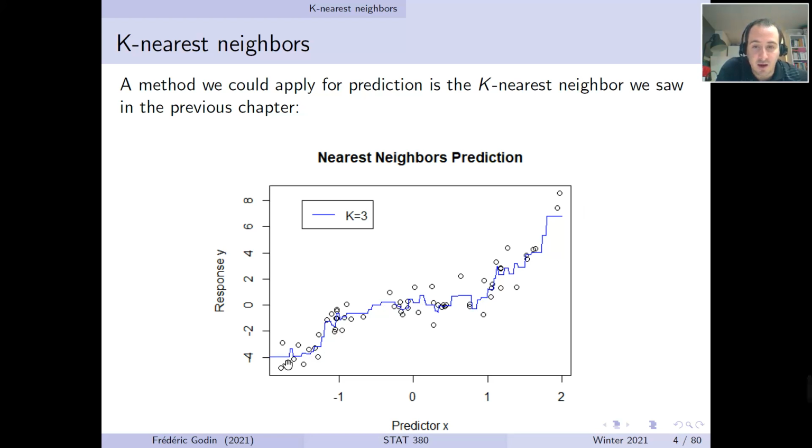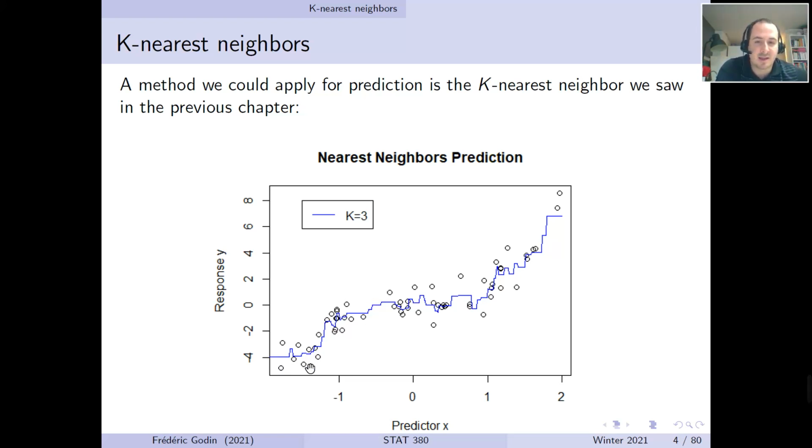This blue curve represents the estimated prediction function f hat. We see that f hat picks up the pattern, but there are clear shortfalls with this method.